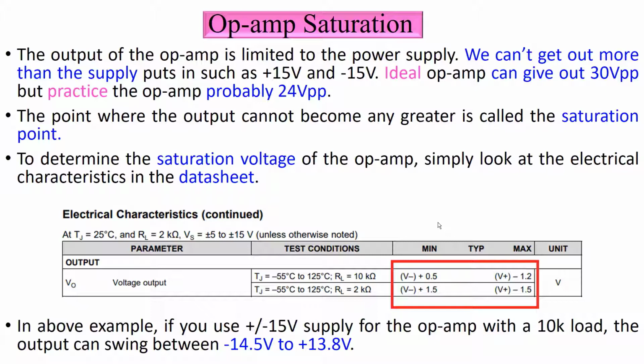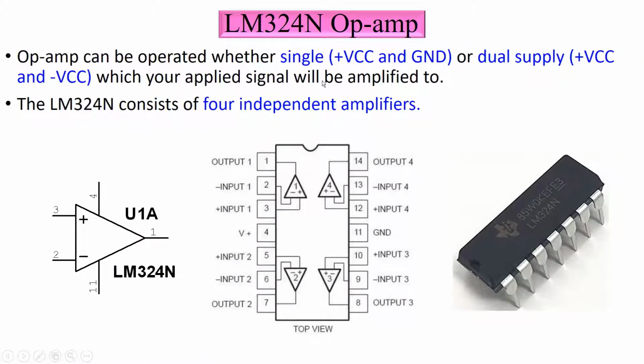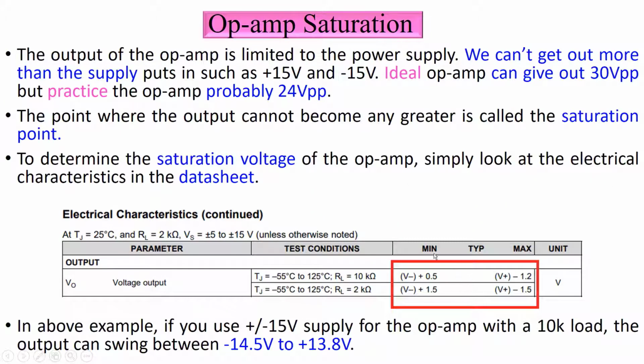For example, you can get this from your data sheet. If you give the supply V plus or V minus, this op-amp can operate in two ways: single supply, when you use VCC, a positive supply, and ground, or dual supply, when you use a positive supply and a negative supply. According to the data sheet, it depends on the op-amp that you buy.